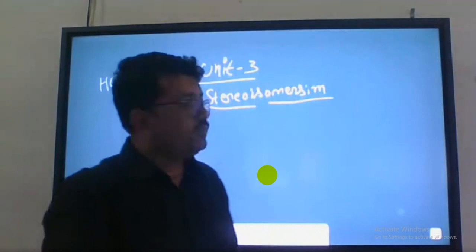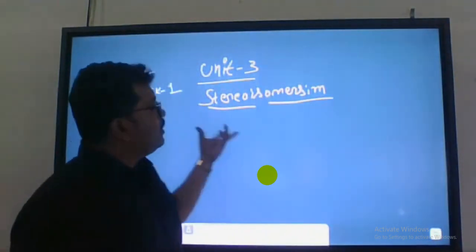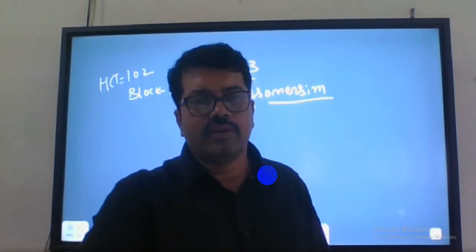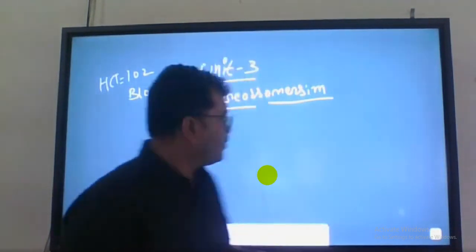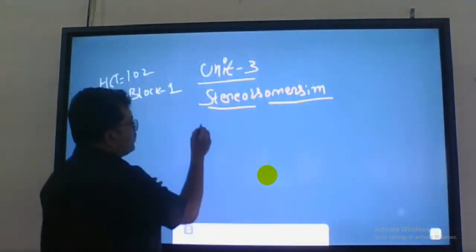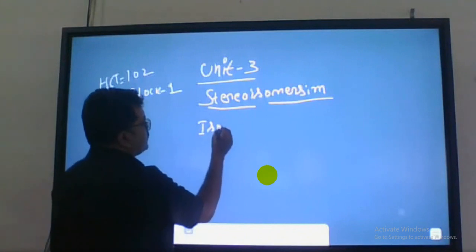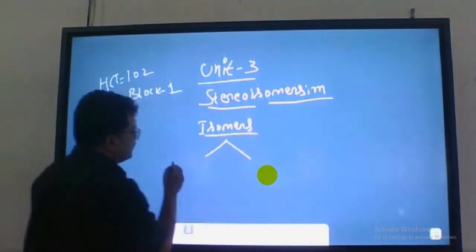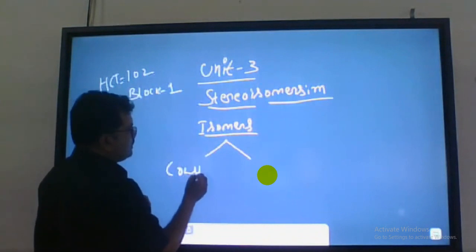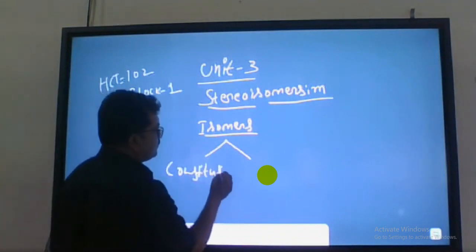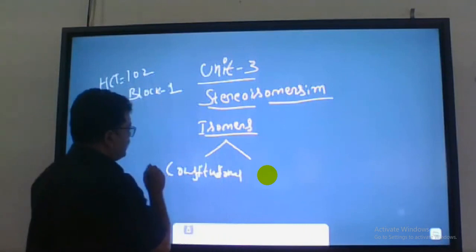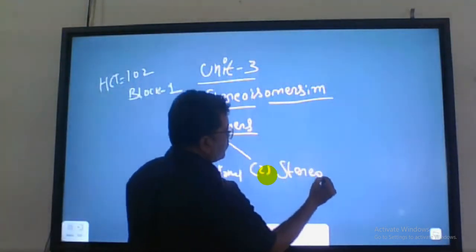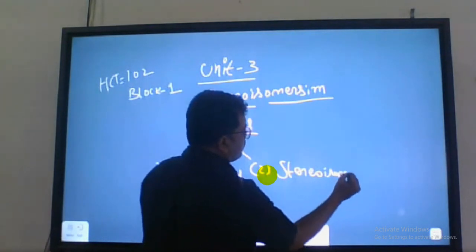So in the previous class, what we studied: isomers are divided into constitutional isomers and stereoisomers.